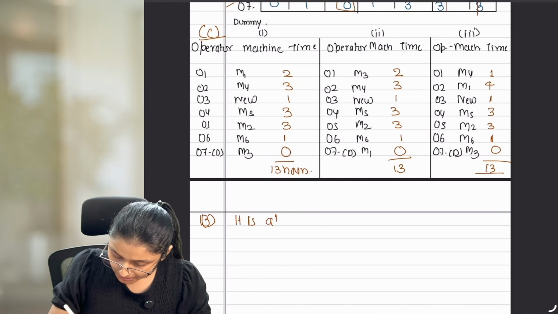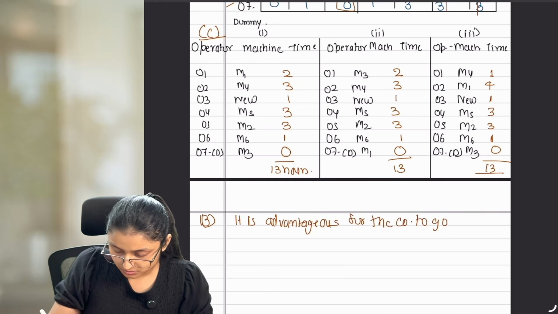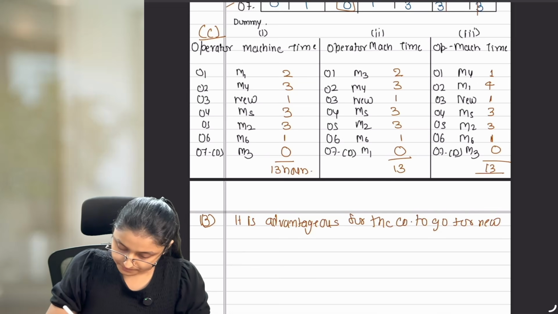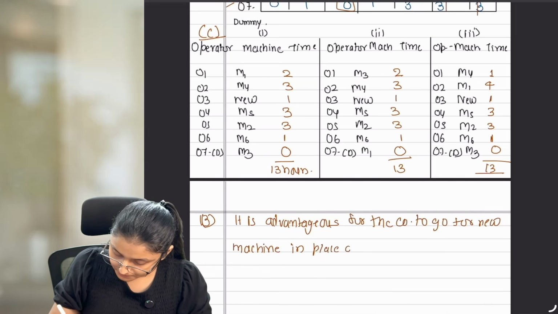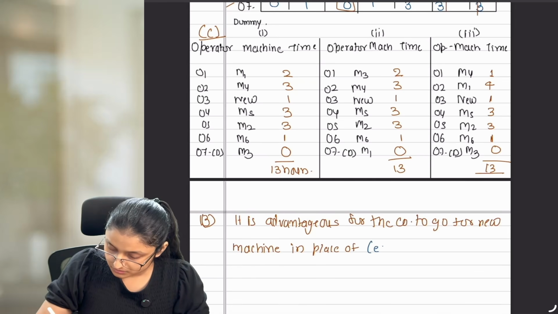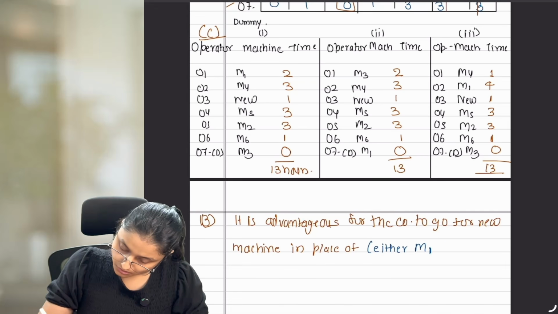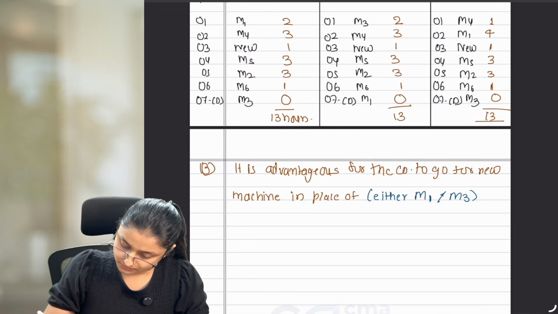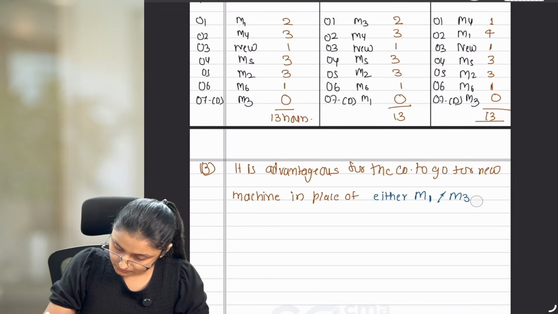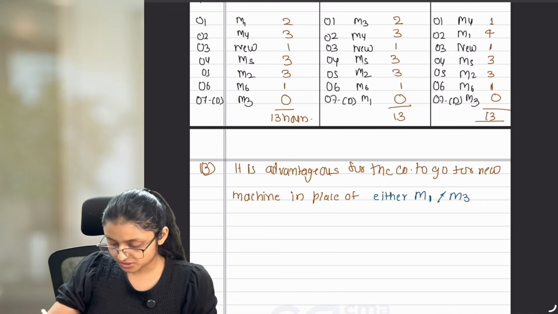It is advantageous for the company to go for new machine in place of either machine M1 or M3.